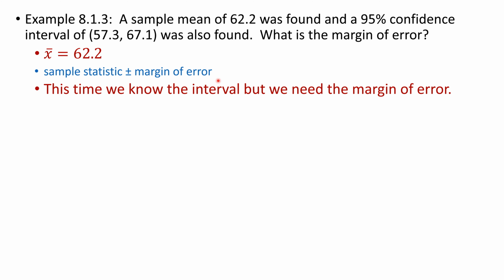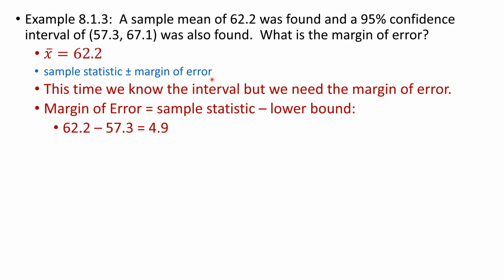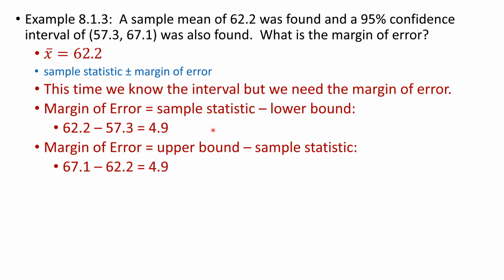So this time we know the interval, but we need the margin of error. So the margin of error will equal the sample statistic minus the lower bound. So we use the sample statistic 62.2 minus the lower bound, which is 57.3. We can use another way, use the upper bound minus the sample statistic. The results are the same.